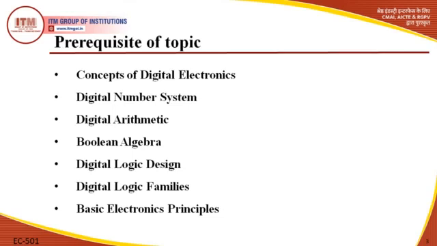Next, you have to understand digital logic design. So that means you have to know the logic gate functionality, logic AND, logic exclusive OR, logic NOR and other types of logic circuitry. Basically you have to understand the combinational logic.